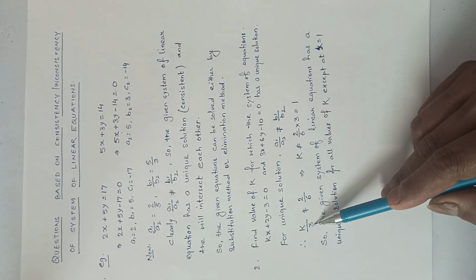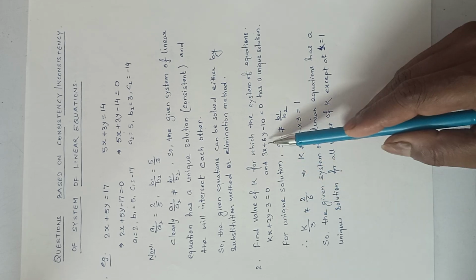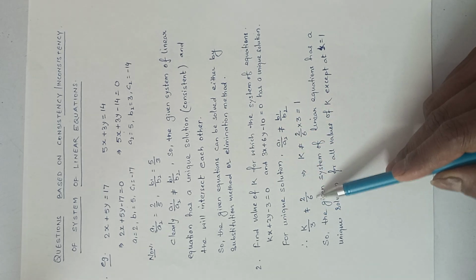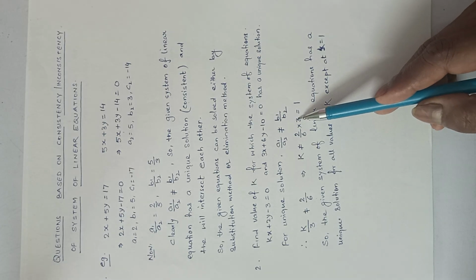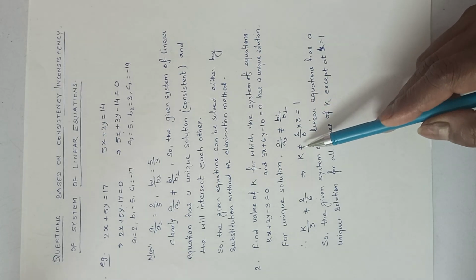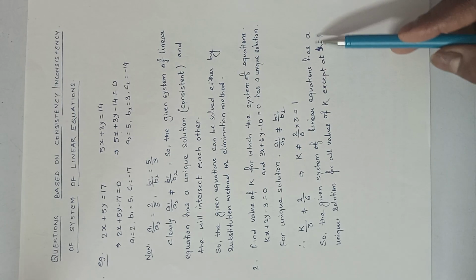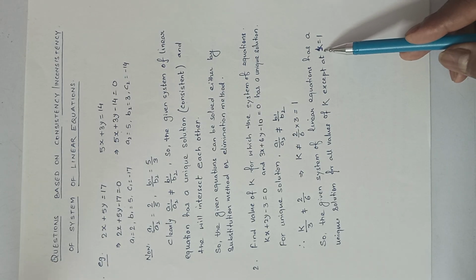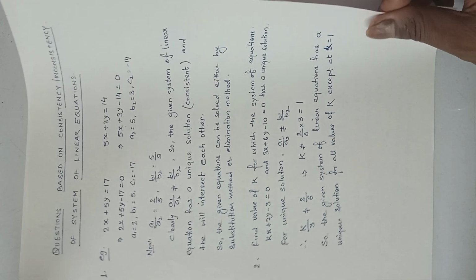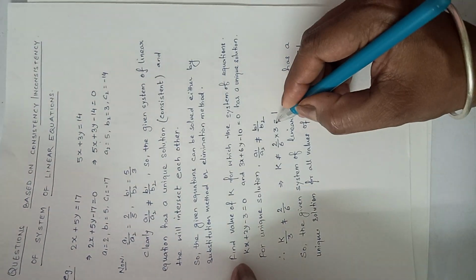So a1 upon a2, k by 3, is not equal to b1 upon b2, that is 2 upon 6. Now k should not be equal to 2 upon 6 multiplied by 3, so k should not be equal to 1. Therefore, the given system of linear equations has a unique solution for all values of k except at k equal to 1.